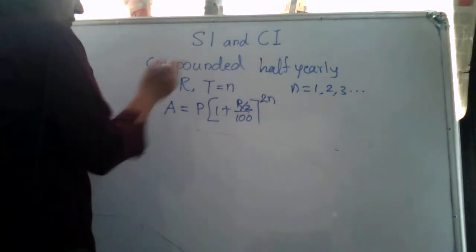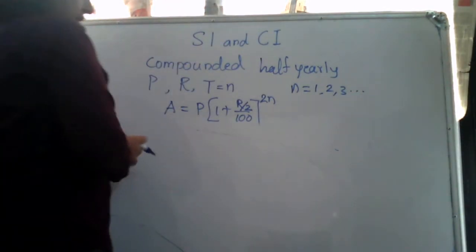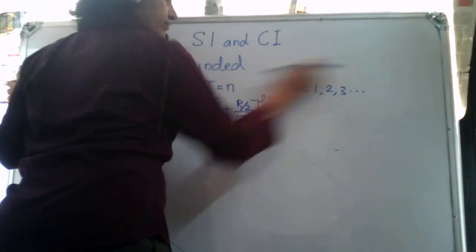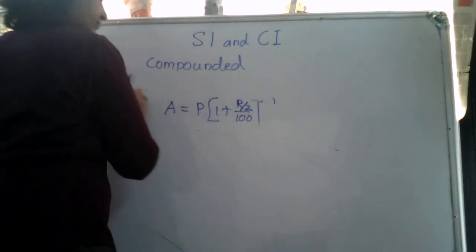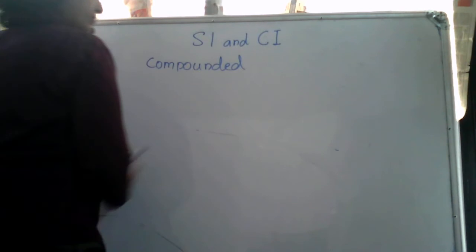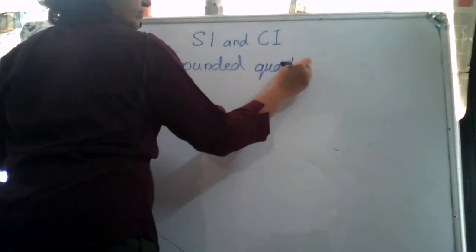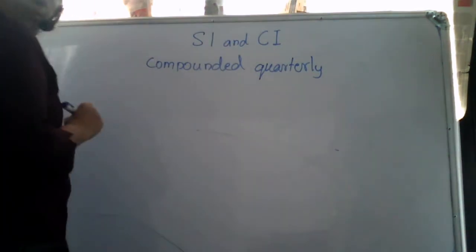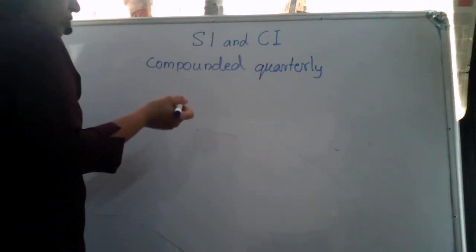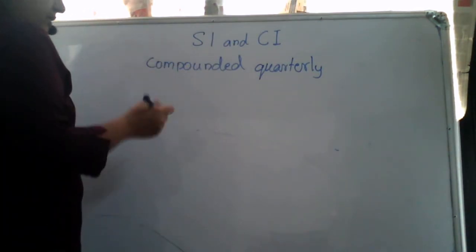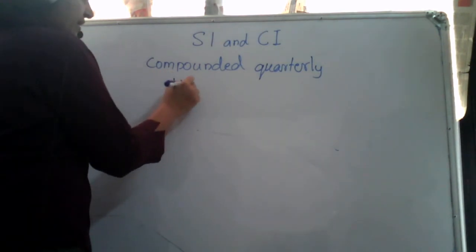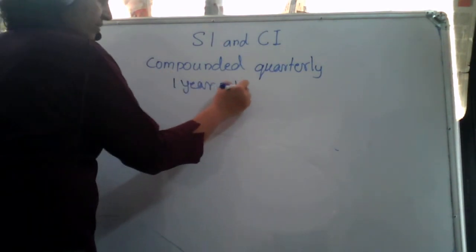Now compounding quarterly. Quarterly in the sense what? 1/4 of the year. So 1 year has how many months? 12 months, correct?